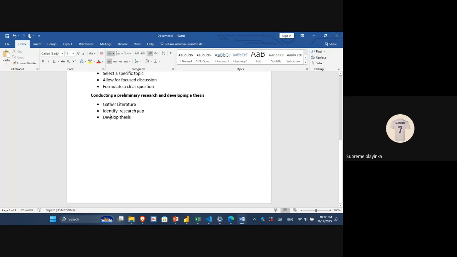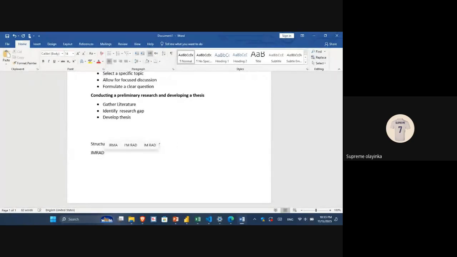So the normal structure of an original research paper, we have the IMRAD structure. I feel like by now we all know what IMRAD is.